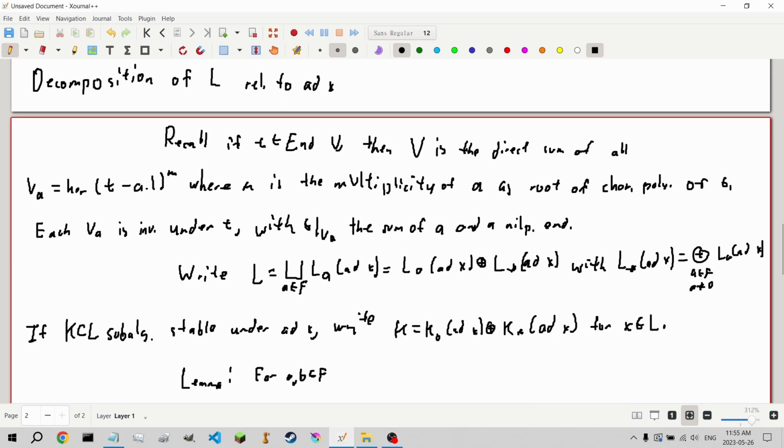For a, b in F, the bracket of L_a of the adjoint of x and L_b of the adjoint of x is going to be contained within L_{a+b} of the adjoint of x.